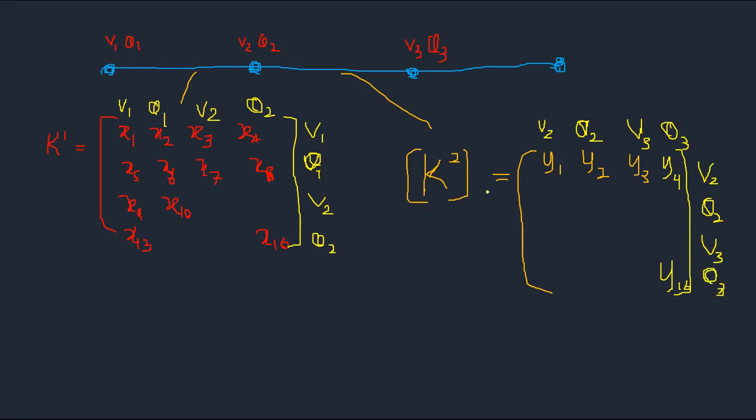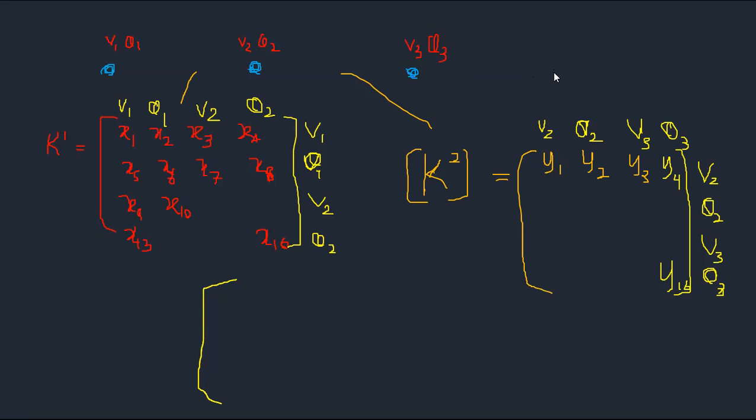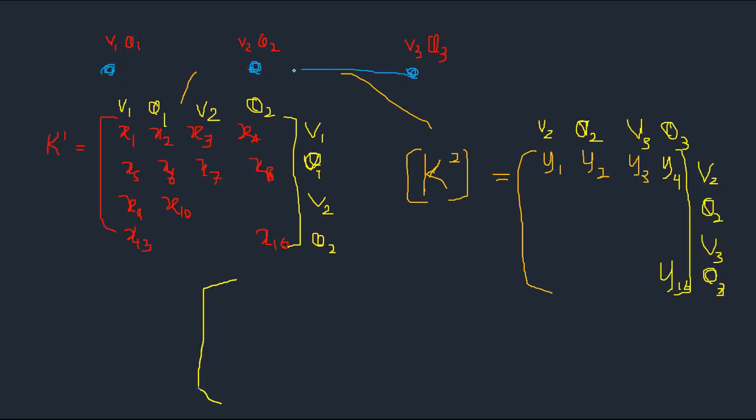Right? When you assemble it, you need to write like this. So I'll just consider this is two elements. Okay, so I will erase this part. And here, these are the element stiffness matrices, right?